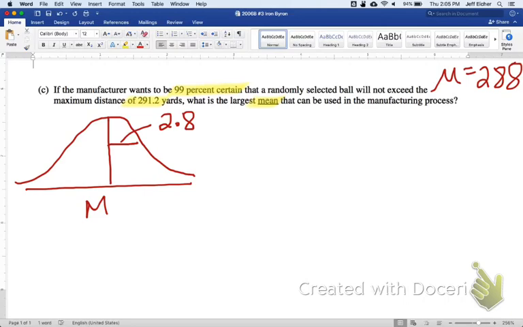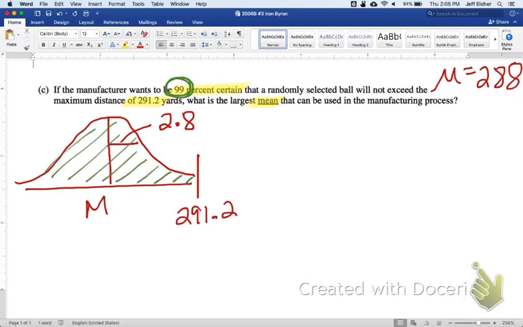We want to be 99% certain that it doesn't exceed 291.2. So 291.2 should be way out here in the tail. And this 99% is basically implying that we want 99% of the distances to be less than that 291.2.